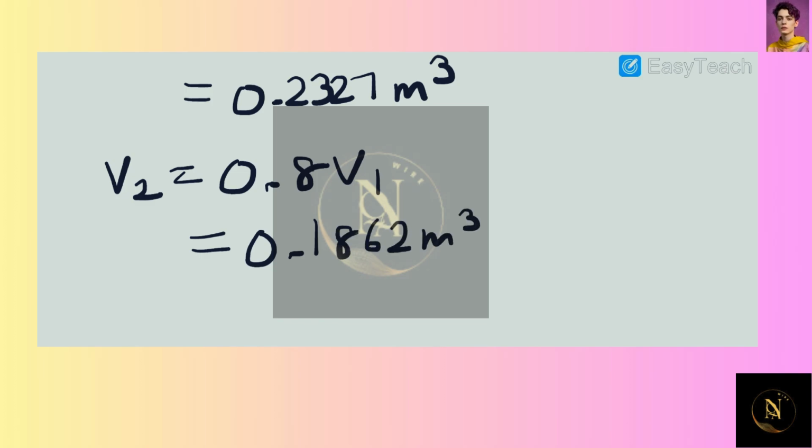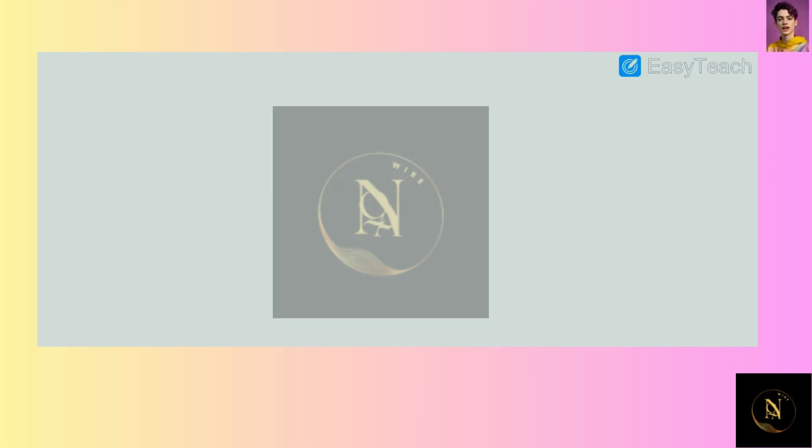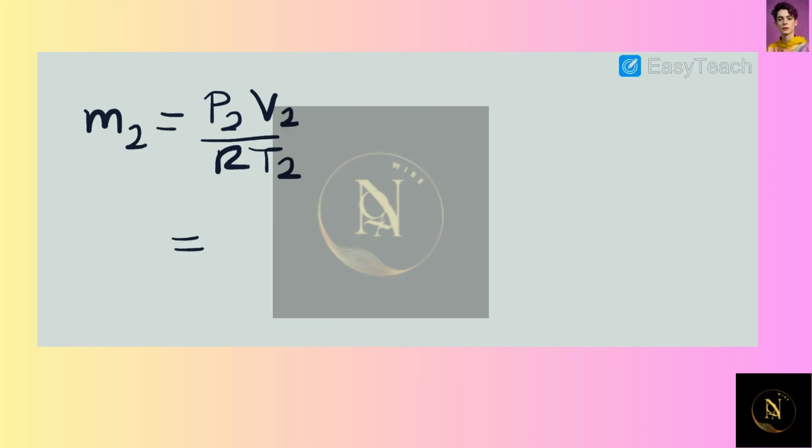Now again, by rearranging the ideal gas law, we can solve for the final mass and say that M2 is equal to P2 V2 all over R T2. By plugging in for these terms, we get the final mass in terms of T2, which is equal to 389.18 over T2 kilograms.